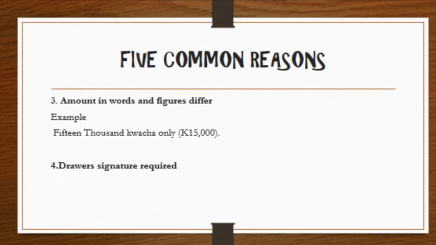Furthermore, drawer signature required. Every check that is issued has to be authorized by the person issuing it. If this never existed, for instance, anybody who picks up a check would be able to go to the bank and issue it and get paid.